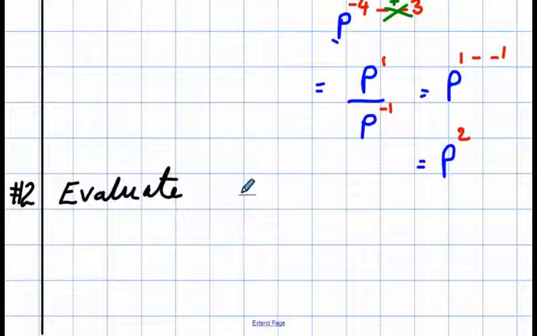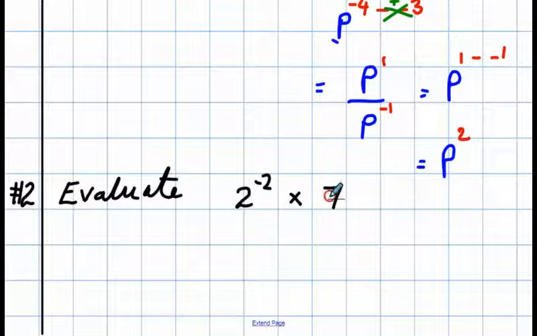Here you go. 2 to the power of minus 2 times 7 to the power of minus 1. Well, we want a single number. So the first thing I'm going to do is take into account the minus sign. 2 to the power of minus 2 is 1 over 2 squared. 7 to the minus 1 is 1 over 7.